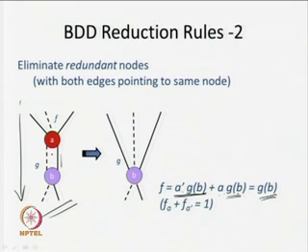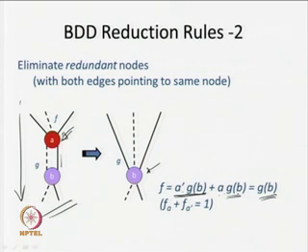If we are having such redundant nodes where both the 0 and 1 edges point to the same sub function, then we can eliminate them. We eliminate this node, and all the incoming edges will be directed to this particular node. In this way, we can eliminate some of the redundant nodes. After eliminating the redundant nodes, the size of your BDD will get reduced. That means we are going towards a compact representation of our Boolean function.